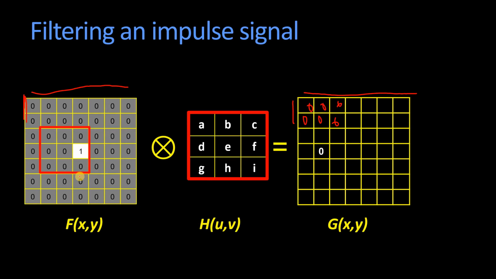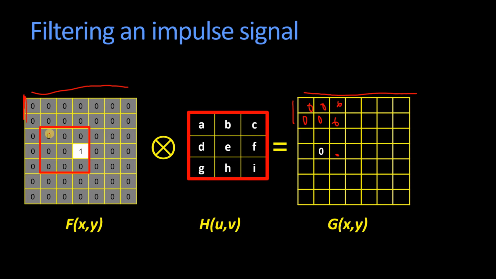The window size is 3 by 3, so these are 9 values. I will add them up, and remember, we want to find out the value for this cell. Out of the 9 values there is only one value which is 1.